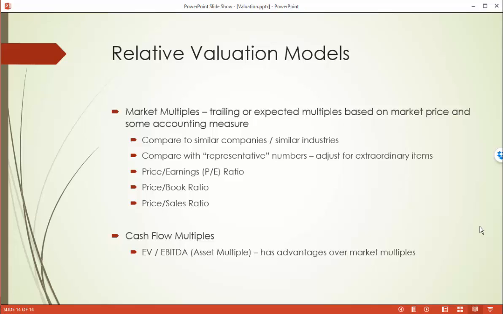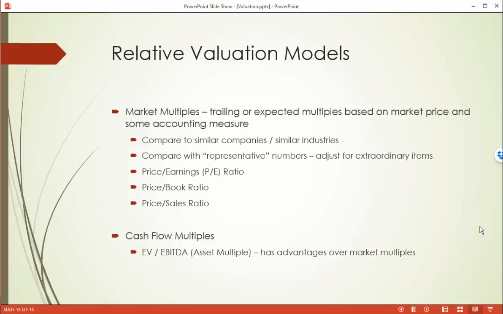And then finally, the cash flow multiples. Here we're going to look at valuation using cash flow. We just talked about EBITDA and enterprise value. We can use multiples looking at other firms and how they've transacted in the market by looking at asset multiples and getting some sense of the relationship between the value of the firm and the cash flow that the firm is producing.